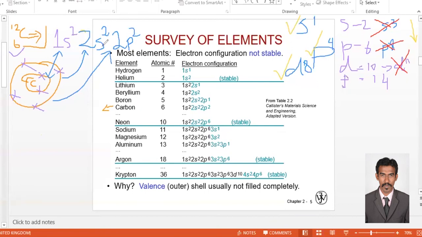This 2 is for the second orbit, and we still have 2 more electrons, so 2p2. If you see totally now, 2 plus 2 plus 2 is 6. Carbon's atomic number is 6, and we have 6 electrons.